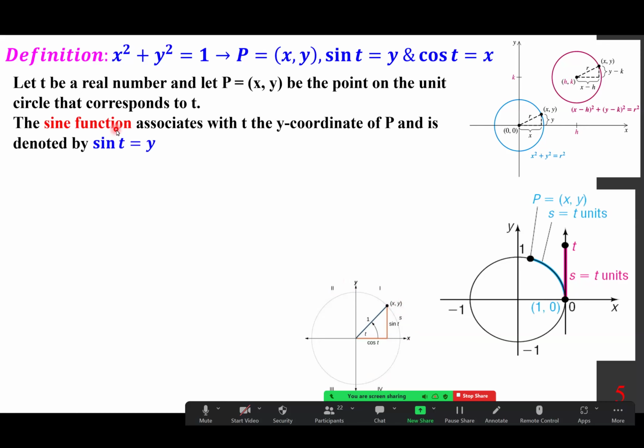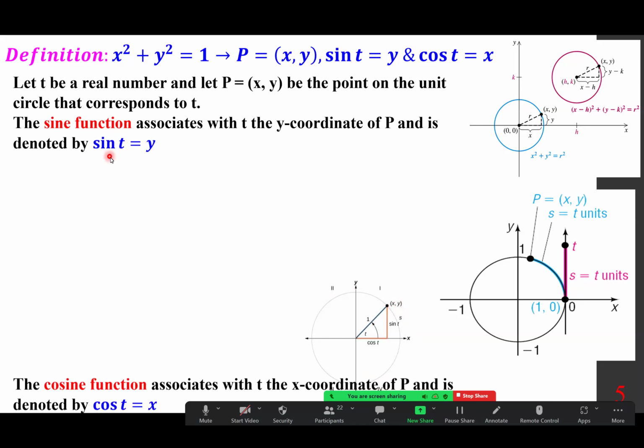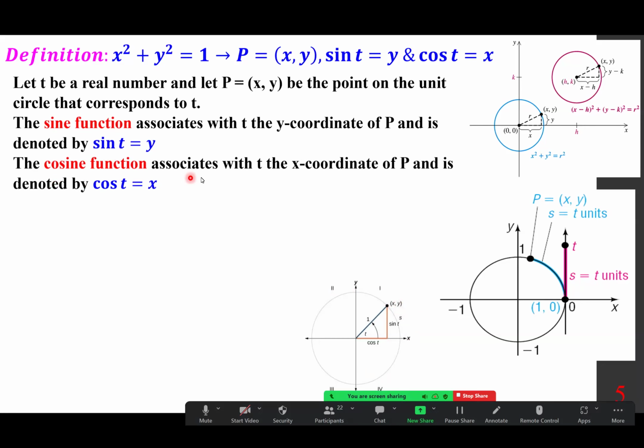The sine function associates with t the y coordinate of the point P and is denoted by y equals sine t. The cosine function associates with t the x coordinate of the point P, x equals cosine t.